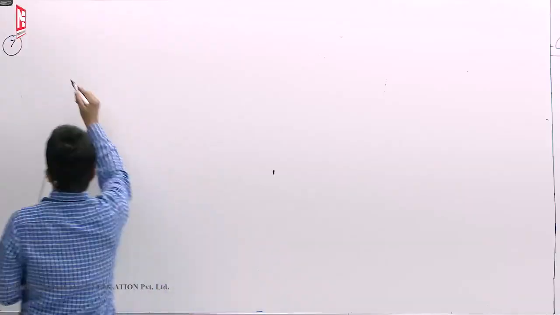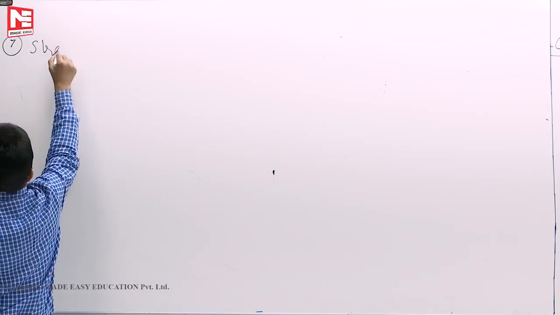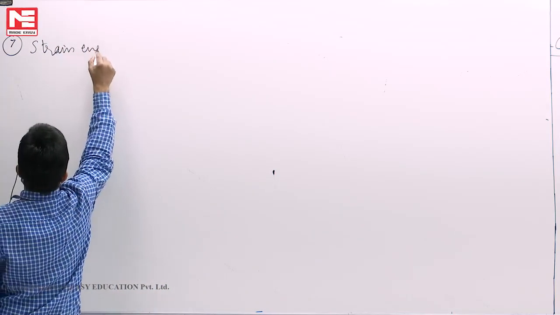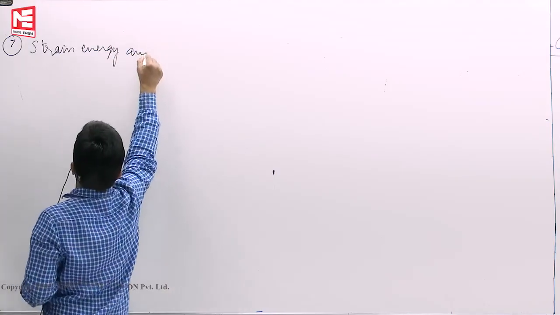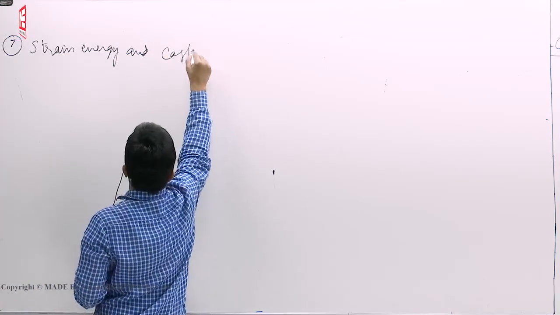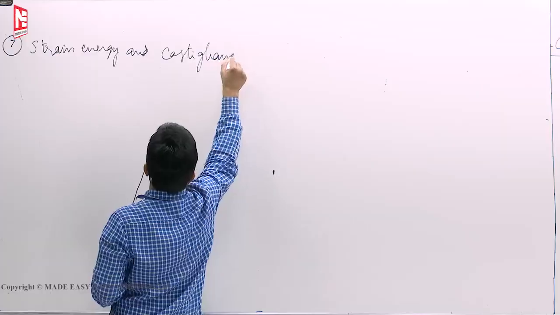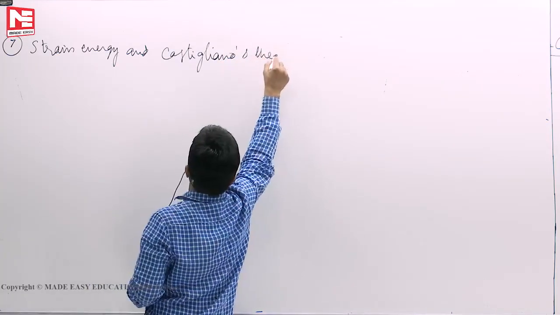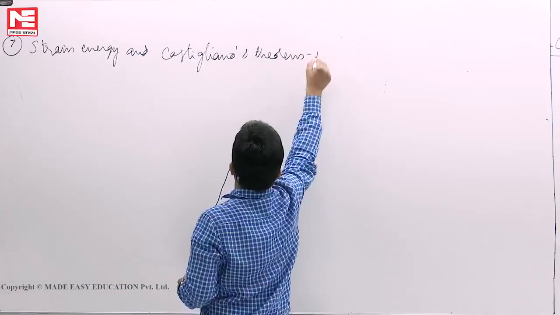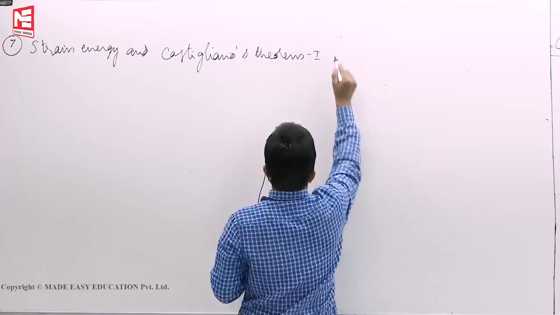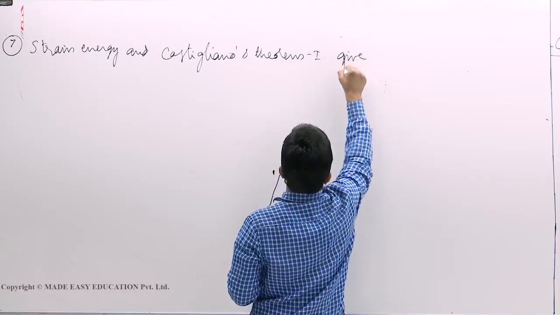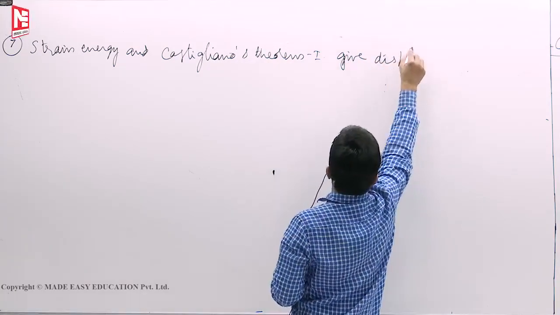Okay, so this is what we have told you earlier. Strain energy and Castigliano's theorem 1 give the displacement method.